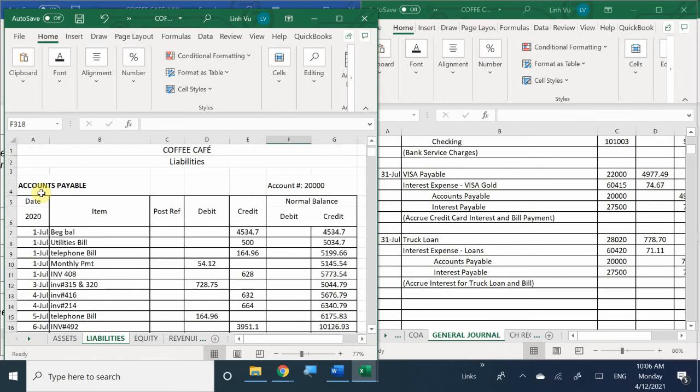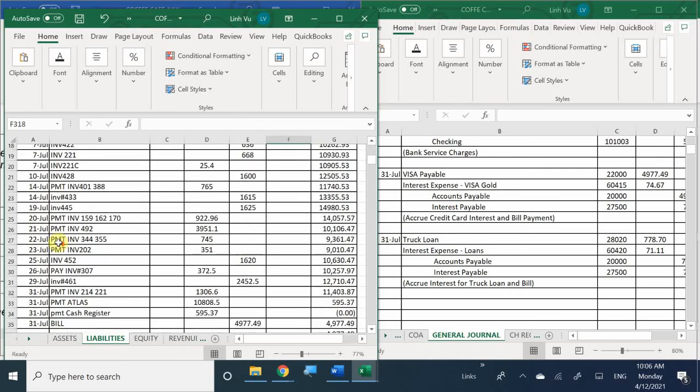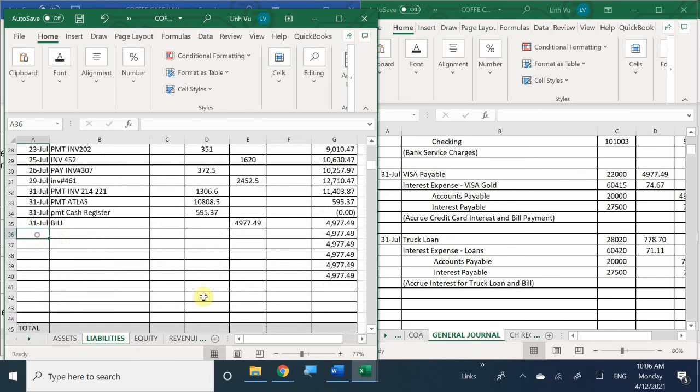And we're going to recognize that this is my bill for my truck loan. I need to write bill for.